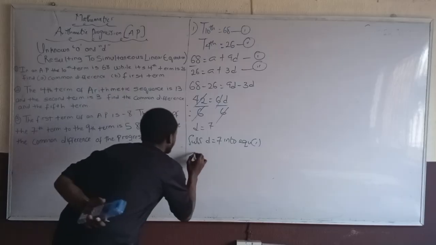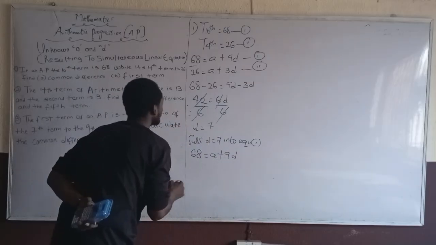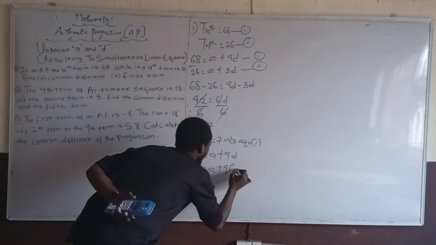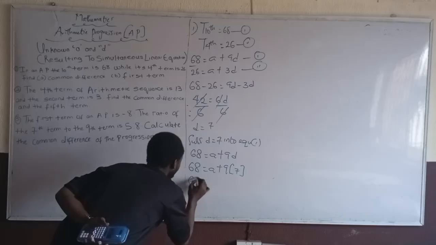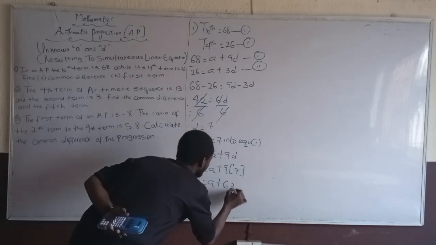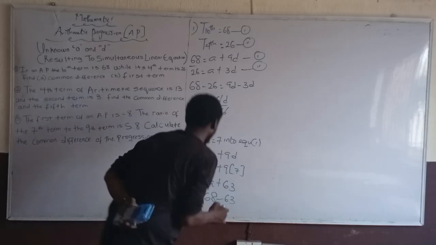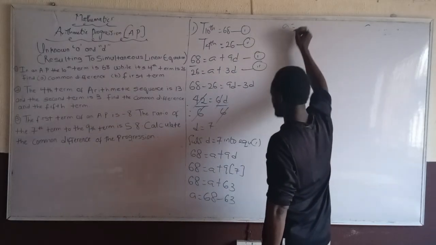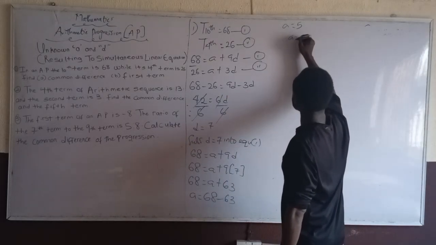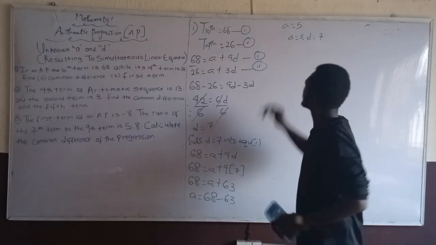Equation 1 is 68 equals a plus 9d. So 68 equals a plus 9 times 7, which is 63. So my a becomes 68 minus 63, so my a becomes 5. Therefore a equals 5 and d equals 7.